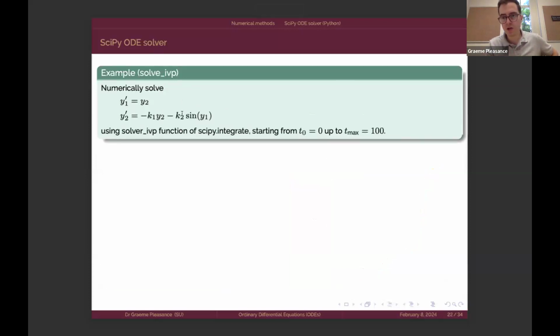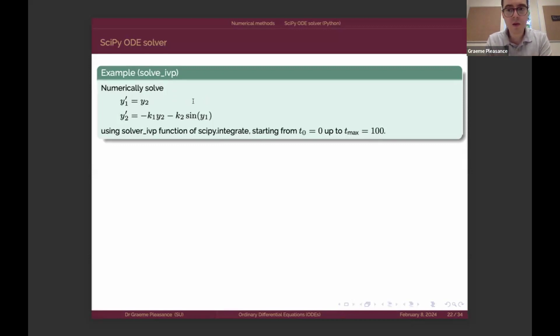As I mentioned at the beginning, this can also handle systems of ODEs, when we don't just have a single function y, but potentially more than one function. And solve_ivp can handle these types of situations. So here's another example that I considered. Here we have a system of first order coupled ODEs.